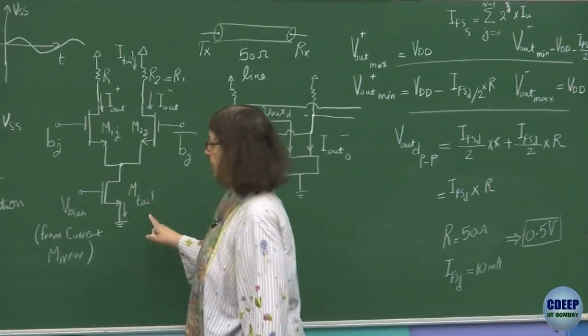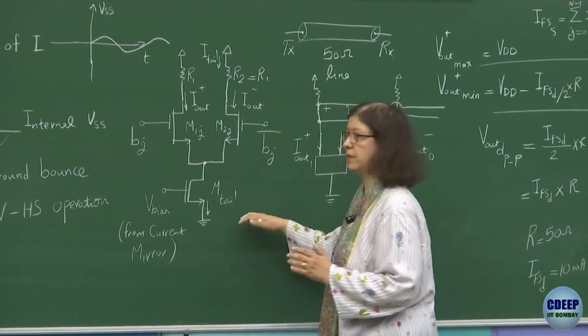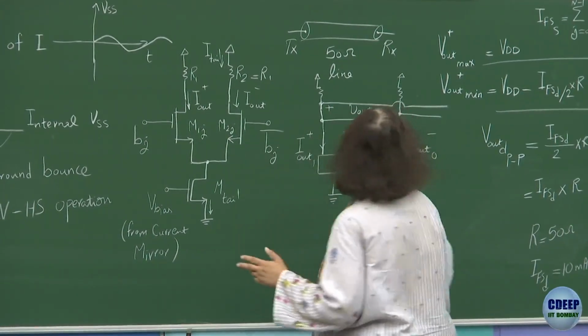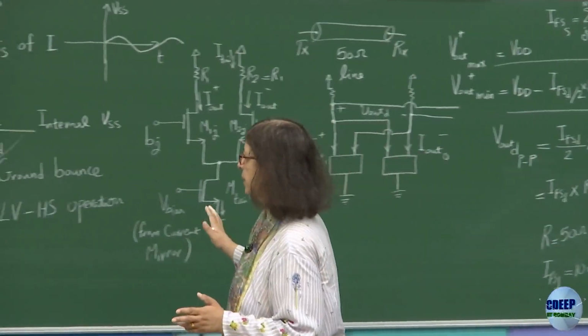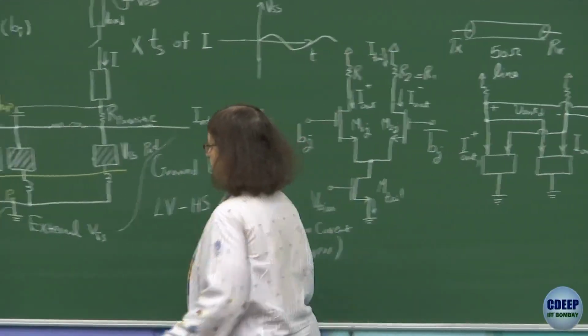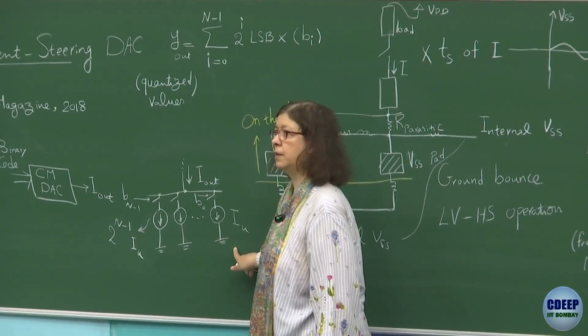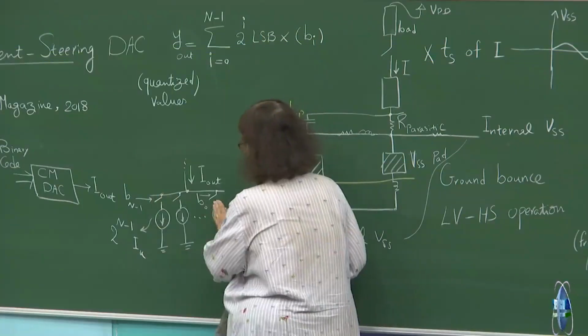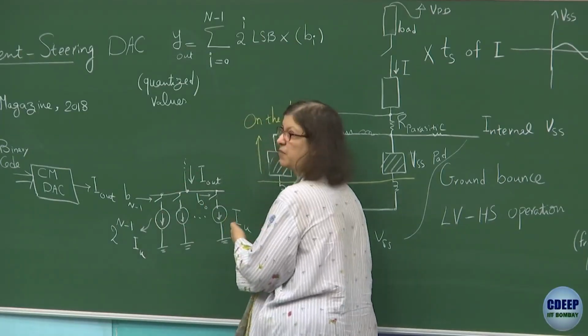Okay, these tail currents are binary weighted, ideally. So therefore, for the bit 0, it is I unit. If all of them are connected to the I out plus, you have summation of all of them.